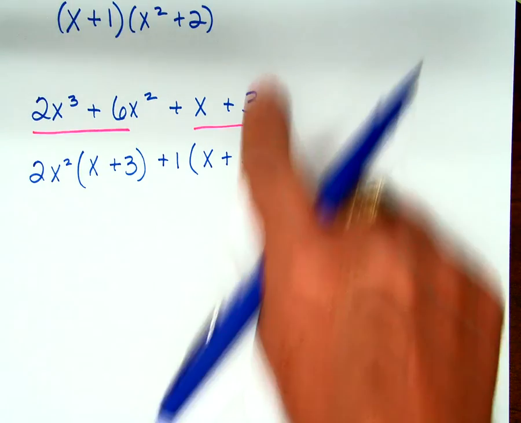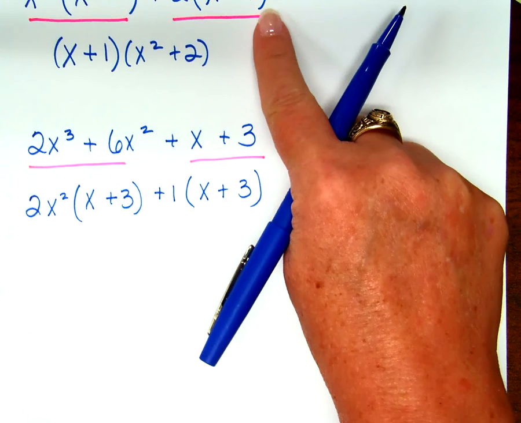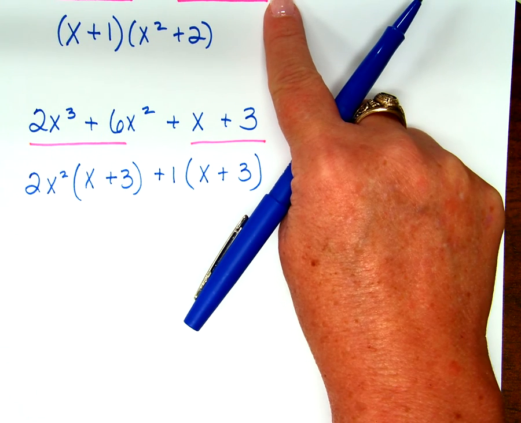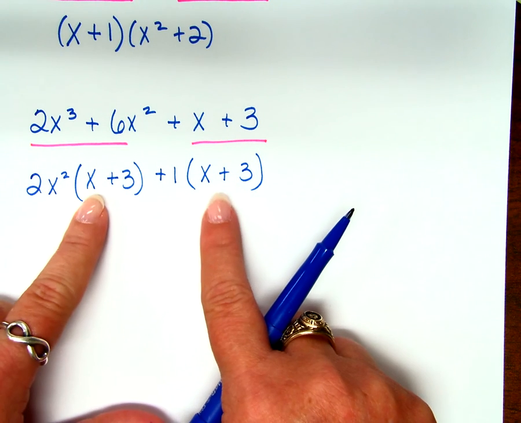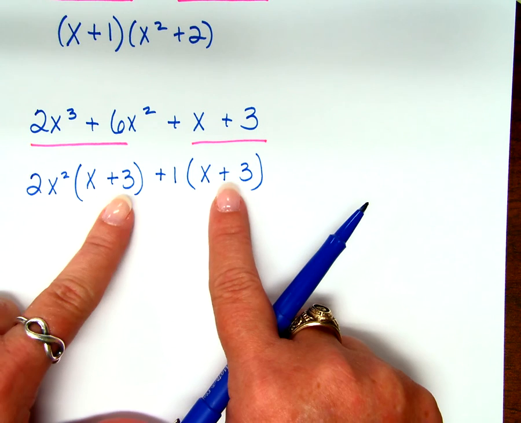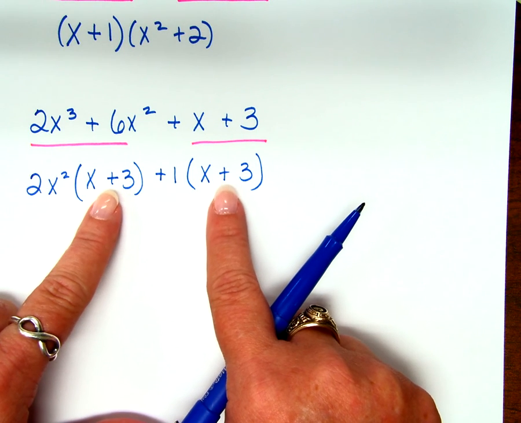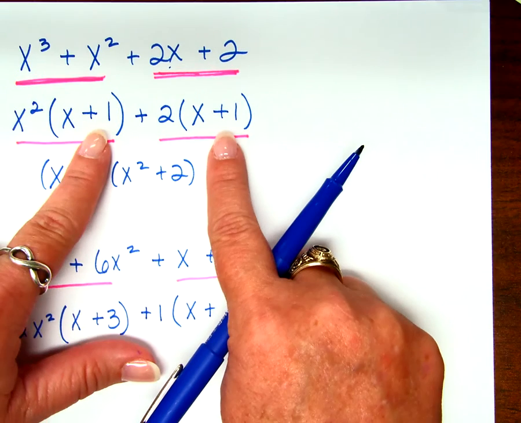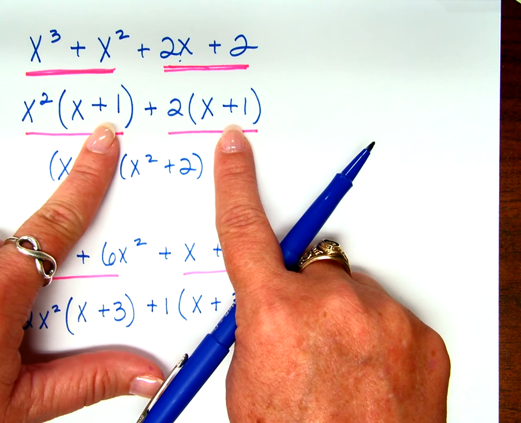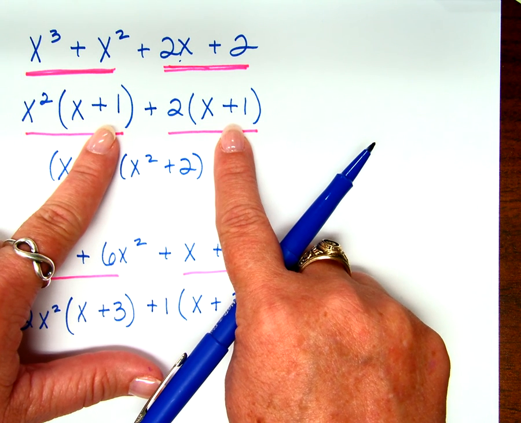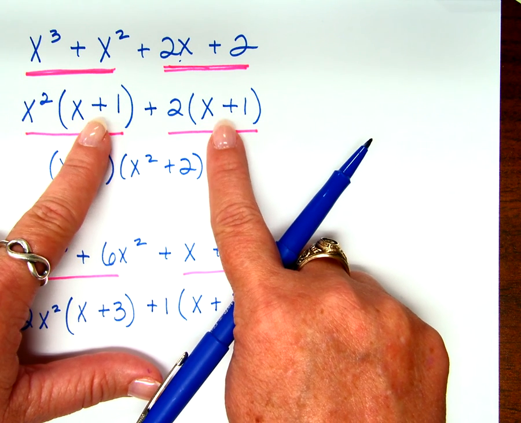Now, when I showed you this first example up here, I just did it for you. I didn't talk about any of our goals or anything, right? Do you notice that in this step right here, I have a goal of getting the same parentheses? Didn't I do that right here? You might have thought it was just like a fluke. It was just lucky, right? Guys, if we're factoring by grouping, that's our goal.